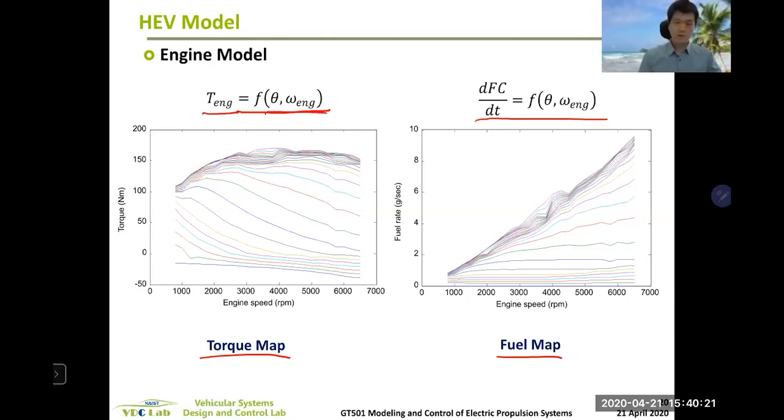Okay, but in reality, the engine does have dynamics, but engine dynamics is neglected in this study for the high-level energy management problem, for simplicity, to make the simulator fast and use some of the optimal control theories. Okay, but if you want an accurate model, you need to include some of the dynamic states in the engine model. Okay.